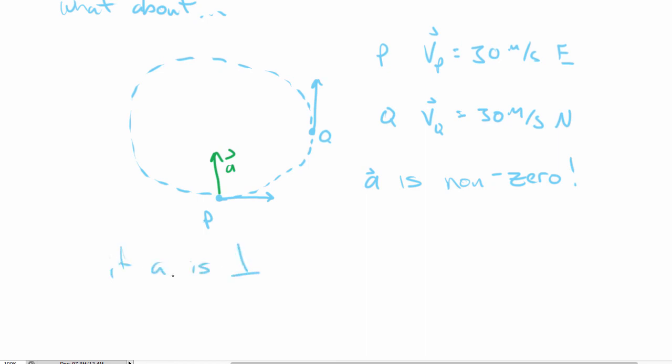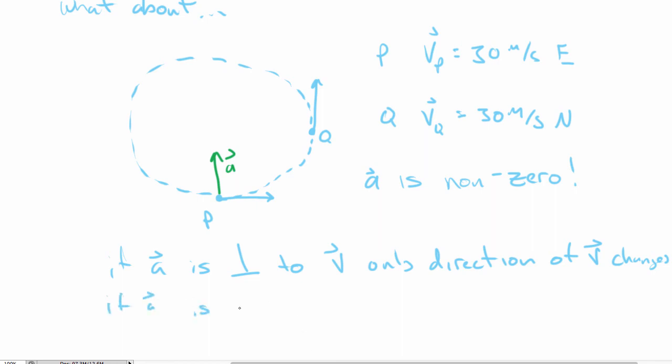So if A is perpendicular to V, only the direction changes. All right.